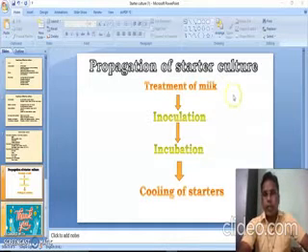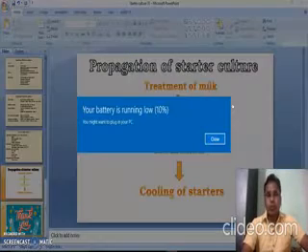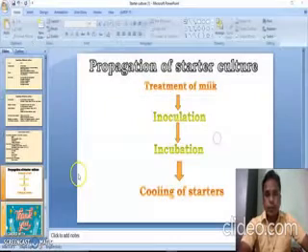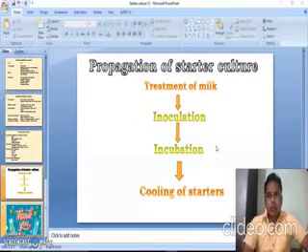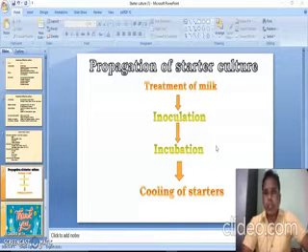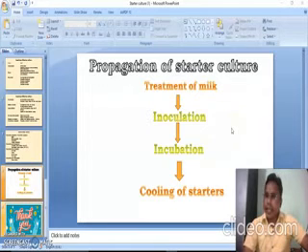So when we start the process of propagation, to achieve the objective of a superior starter culture, the process of addition of the starter culture, that is the inoculation, should be carried out in aseptic conditions. Then the whole propagation process of the starter culture must be initiated in a sterile medium. So these are the few points.